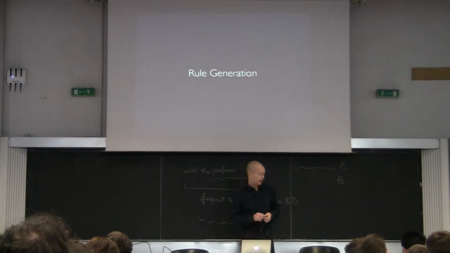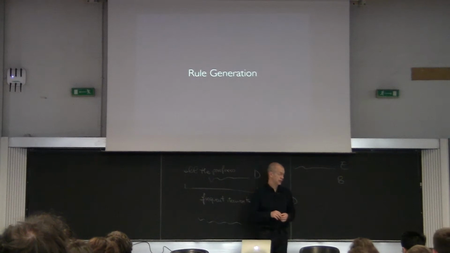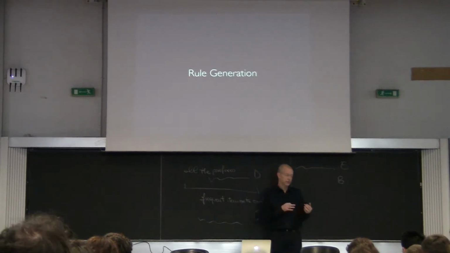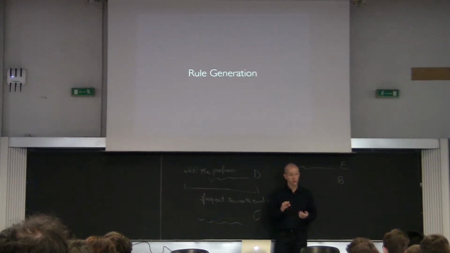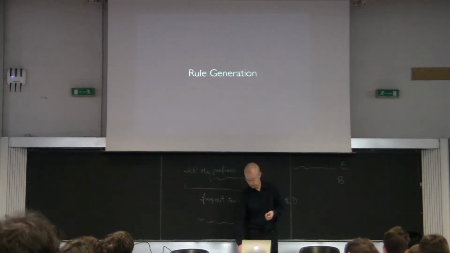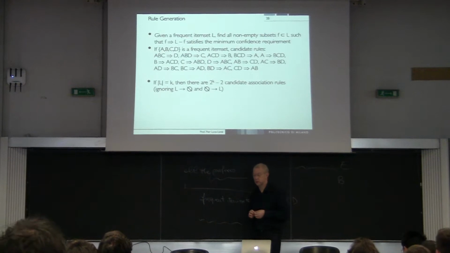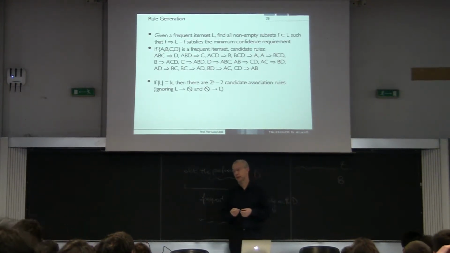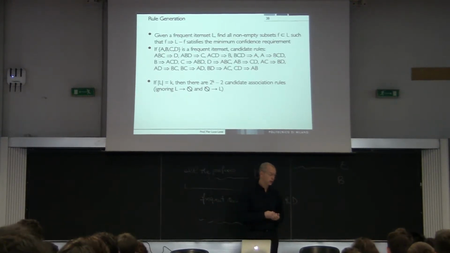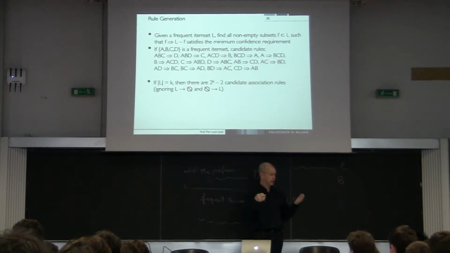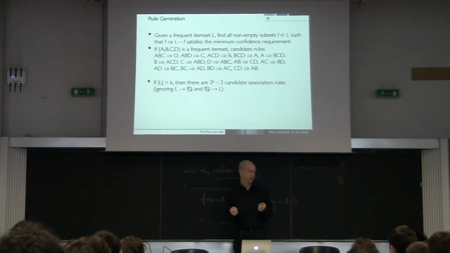Okay. Now that you have the item sets, you need to generate the rules. And rule generation in principle works exactly like the part on the item sets. Suppose, as we said while we were working on the item sets, that we have A, B, C, D as a frequent item set.